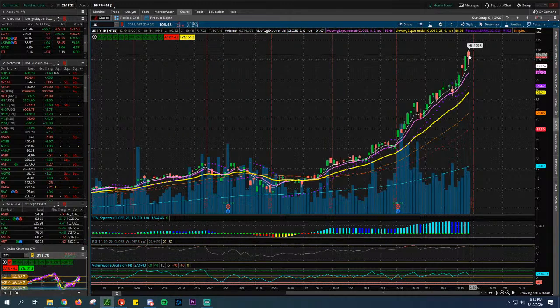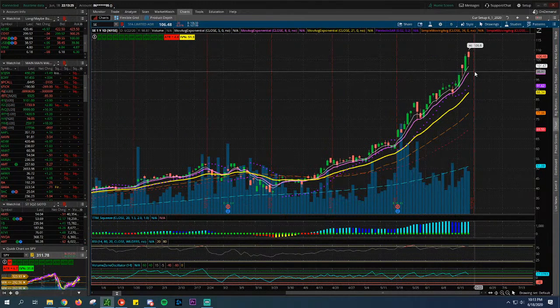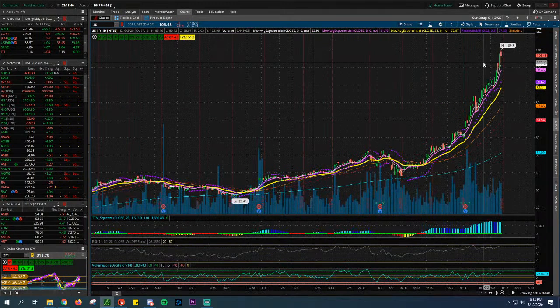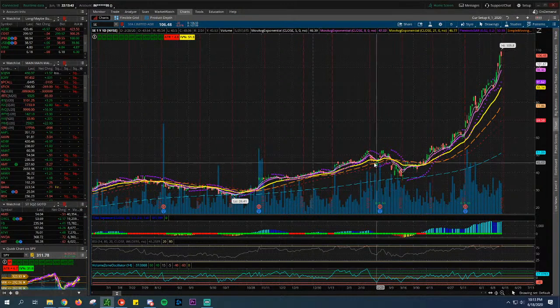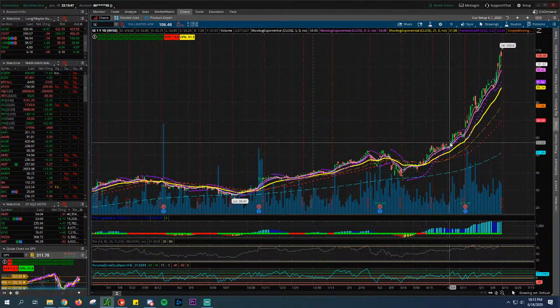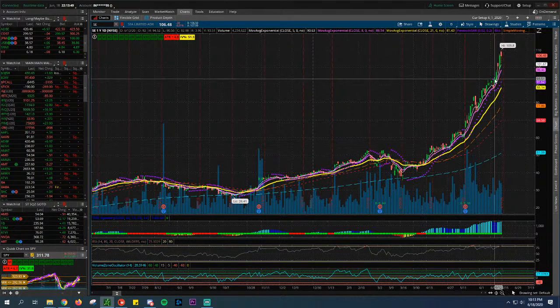So just be mindful that once this honeymoon ends, we could see the break of the 5 and 8. I am not sure what this company does. We'll see what happens with this. It's a really strong chart, because it had nothing and now it has something. Is there something to do with the virus, the pandemic? Do they do something here? It's a very interesting chart though.